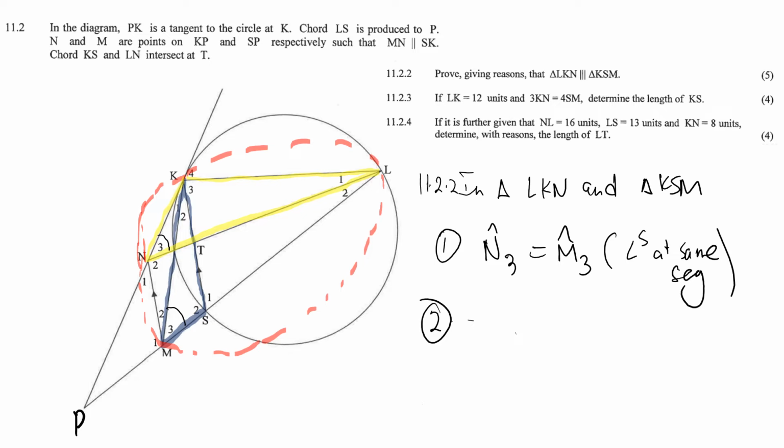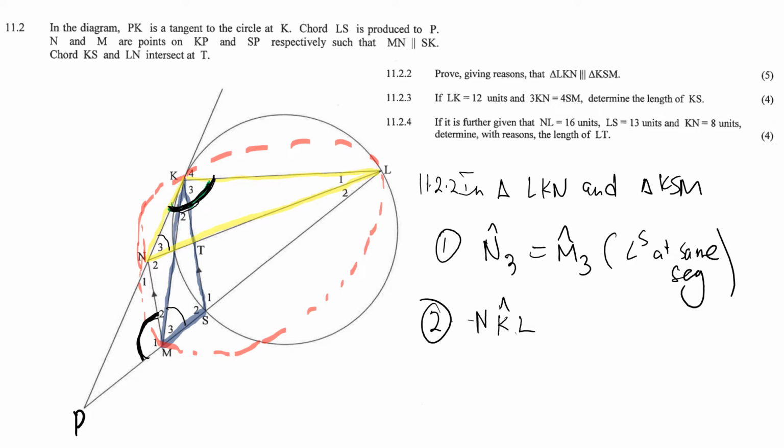Let's check this one in the triangle NKL, that angle NKL. Angle NKL is actually an exterior opposite angle to this one.